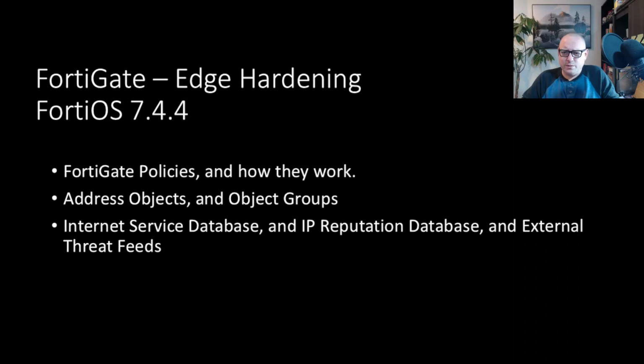As well as we may touch on external threat feeds. But I do have another video about external threat feeds and how they can be imported into your environment. So I'll link that in the description as well. But also with those external threat feeds, you can apply them to these local in policies that we're going to talk about, just like you can the IP Reputation Database.